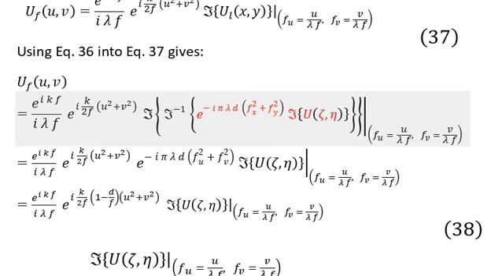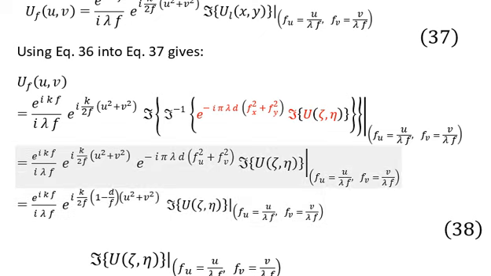This operator will cancel out the inverse operator within the bigger curly bracket and outside the smaller curly bracket. So these two will be cancelled out, and we are left with only this phase factor. And of course, the Fourier transform operator should be evaluated at fu and fv, which are u over lambda f and v over lambda f.